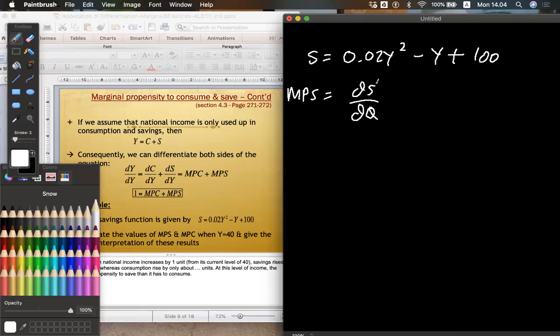Just find the differentiation of S by dQ, not Q. Be careful. If I write it Q, then all of them are going to become constants. So the result will be 0 because there is no Q in this function, only Y. So this is actually not dQ, but dY.